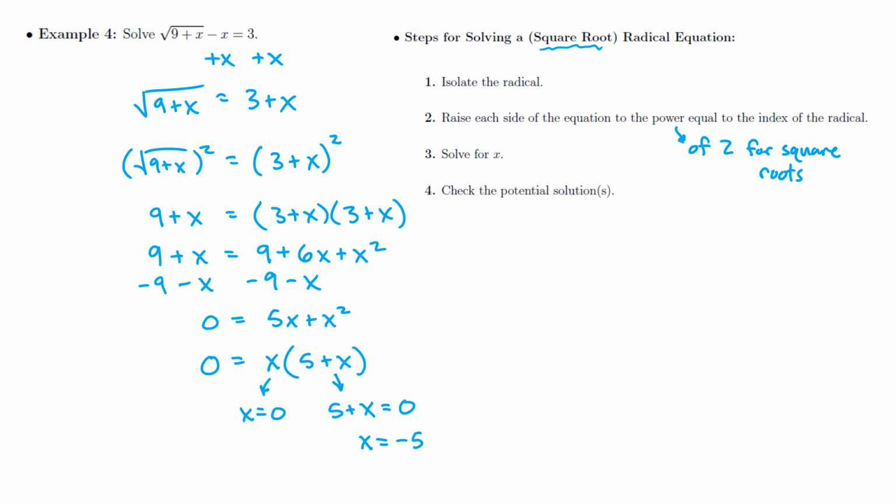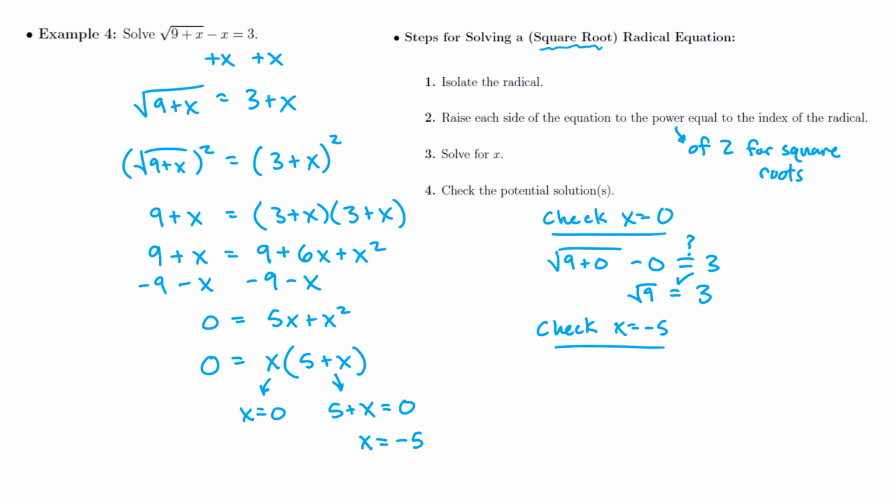So check, right? We want to check. So if I check x is equal to 0, the square root of 9 plus 0 minus 0, does that equal 3? Sure it does, right? Okay, but what about the other one? Check x equals negative 5. So I've got the square root of 9 plus negative 5, minus negative 5.